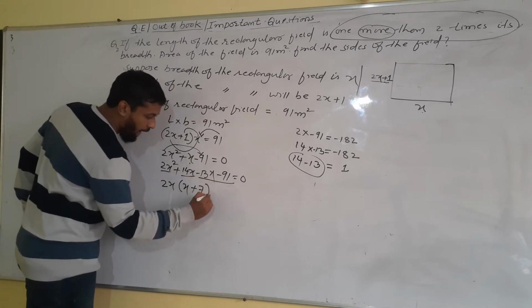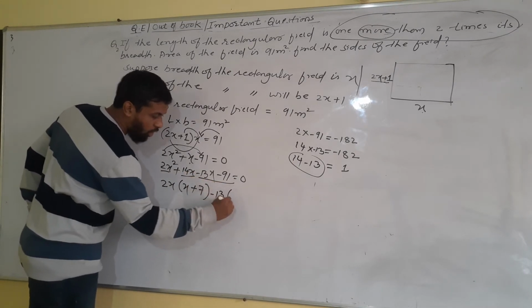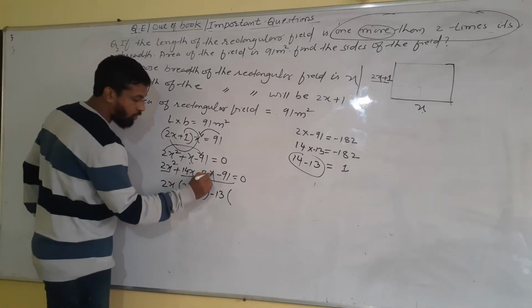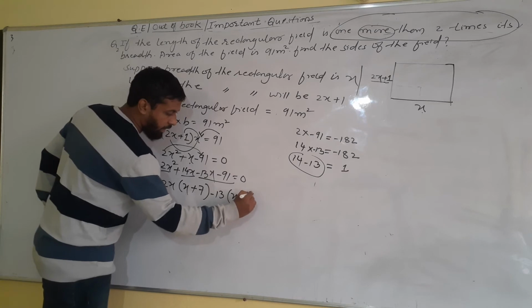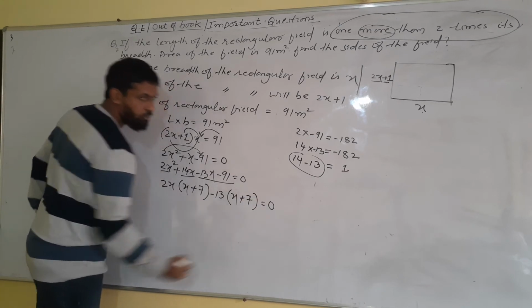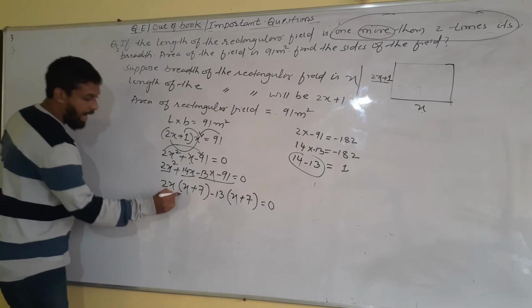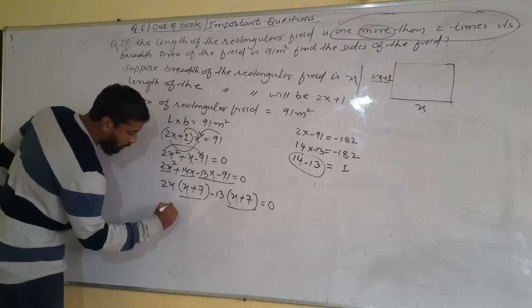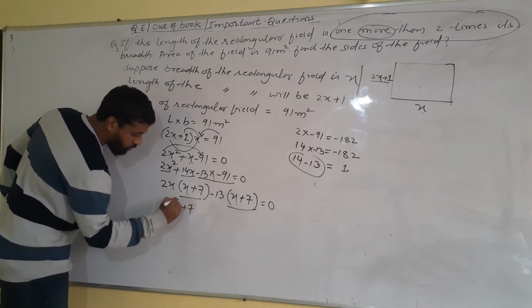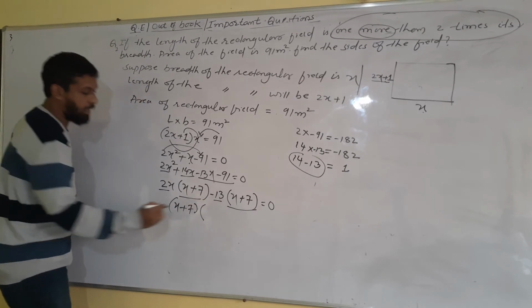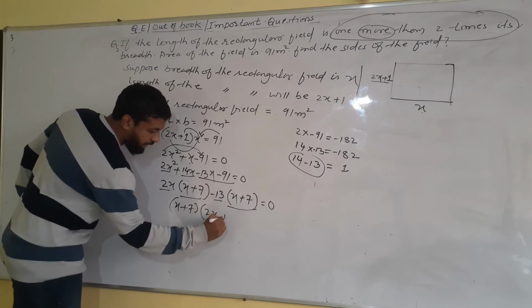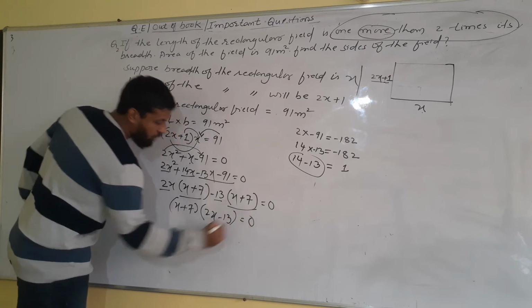Now in the next two values, minus 13 is common. If you take minus 13 common, x plus 7 will remain. Now x plus 7 is common in both. What is remaining? 2x minus 13. So x plus 7 into 2x minus 13 is equal to 0.